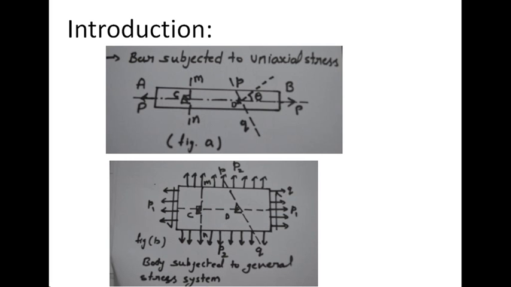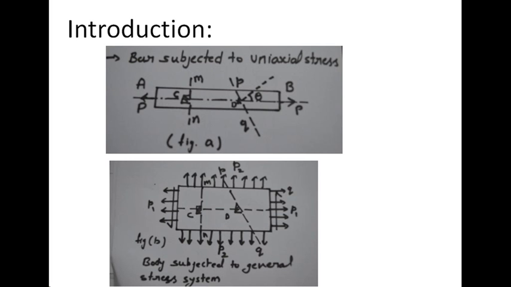The bar is subjected to either a tensile force or a compressive force acting along the axis of the bar. So in this lecture we will analyze the stresses induced on an inclined section. You can see a section PQ here on bar AB.